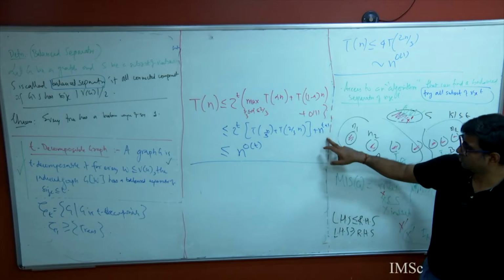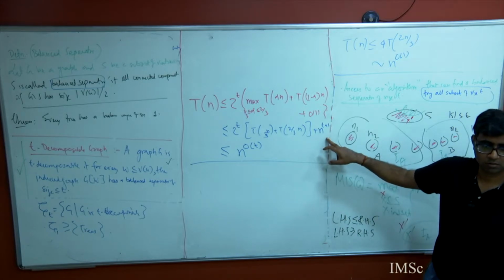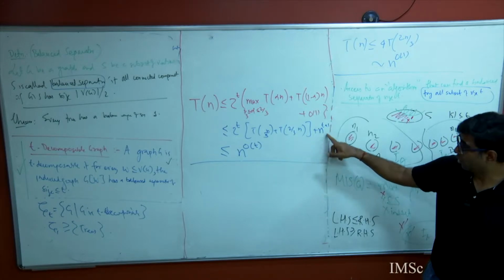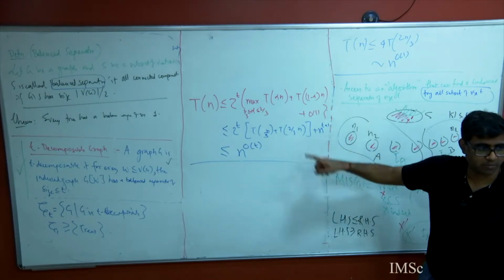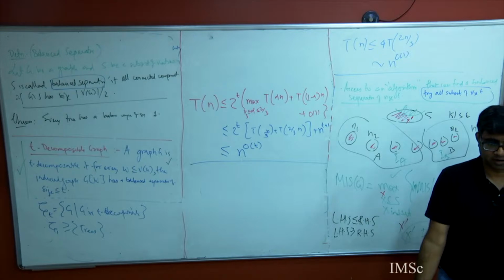What do you mean they are not part of the recurrence? Of course it will come when I go to n/3. For that also I have to find a recurrence, find a balanced separator, right?